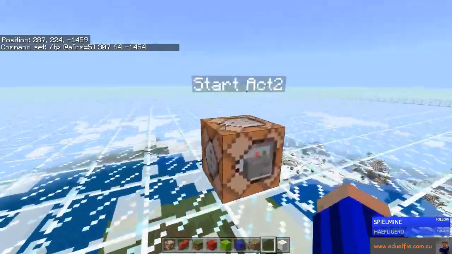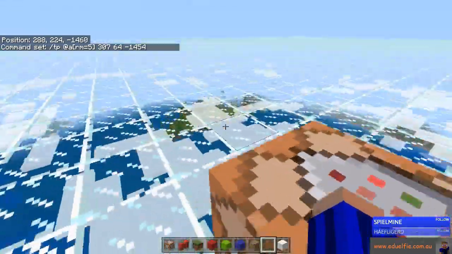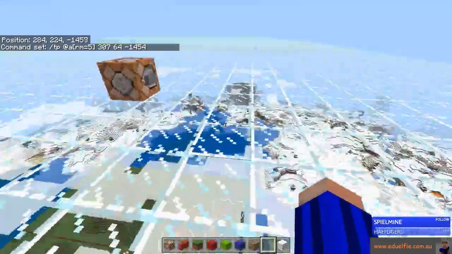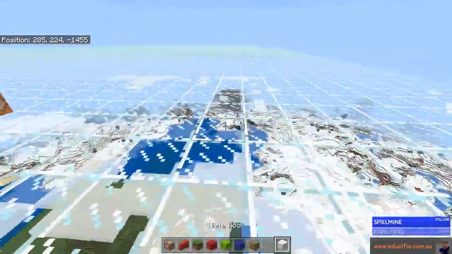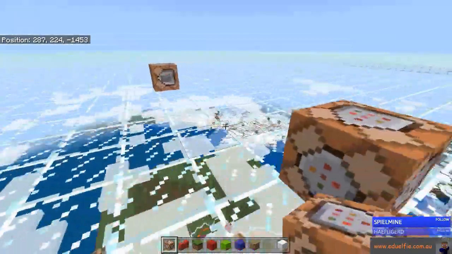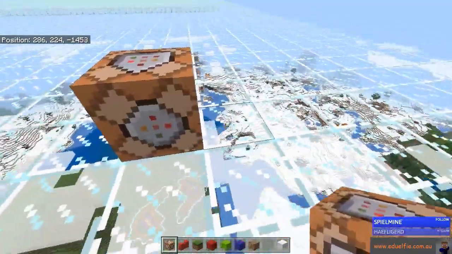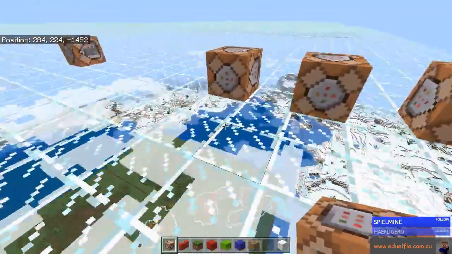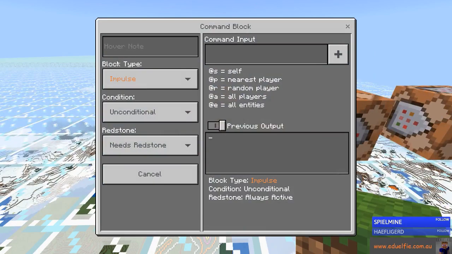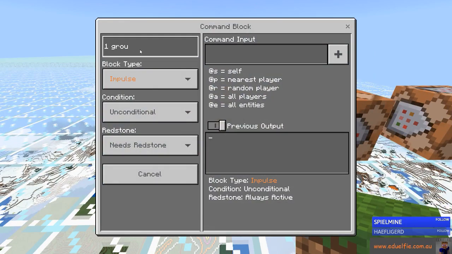Okay, so we can put signs on them, and I probably will still put signs on them, but that's start activity 2. So over here somewhere we want 1 group, 2 groups, 3 groups.